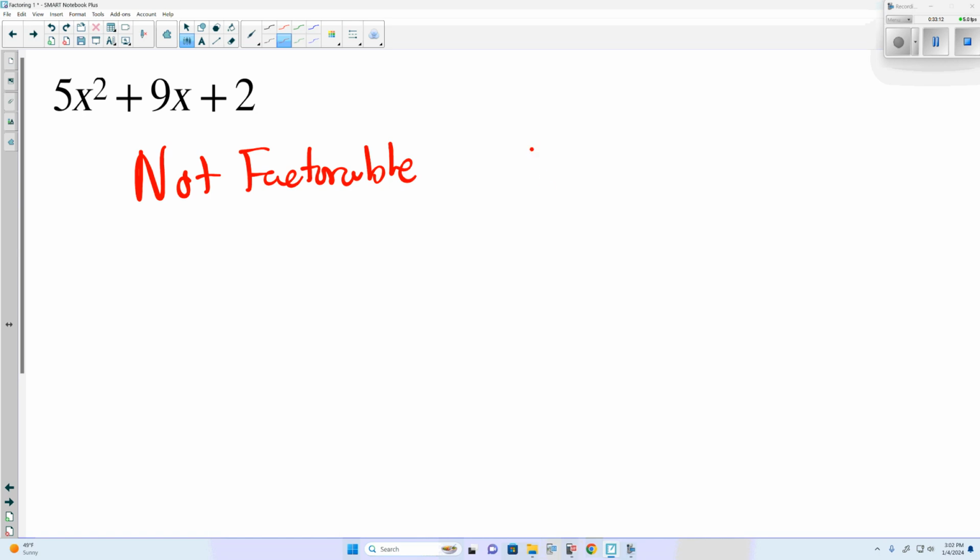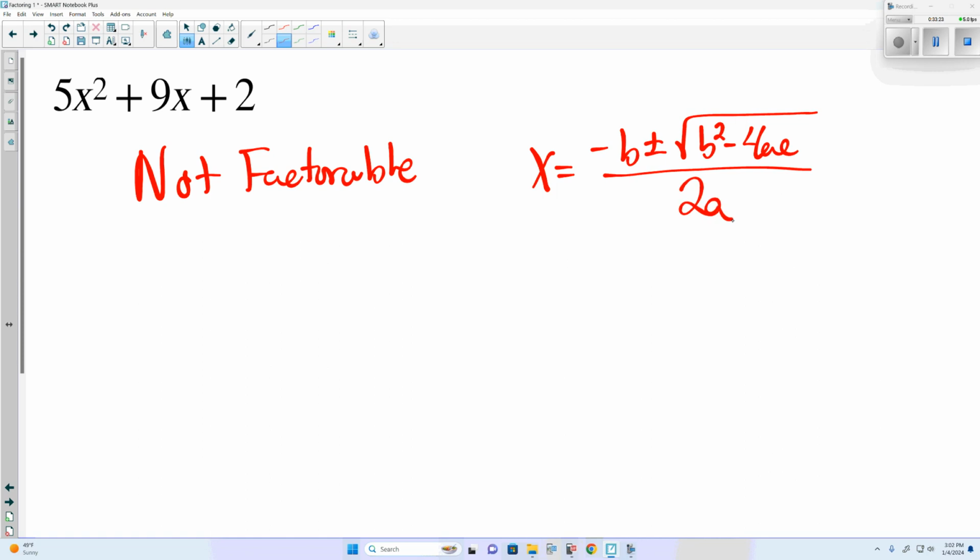So the reason that this works is the b squared minus 4ac is part of the quadratic formula. Interestingly enough, if that part of the quadratic formula comes out to be a decimal, essentially it has non-rational parts of it, we're left with a radical, it means that this is not going to factor, we can't break it back down.